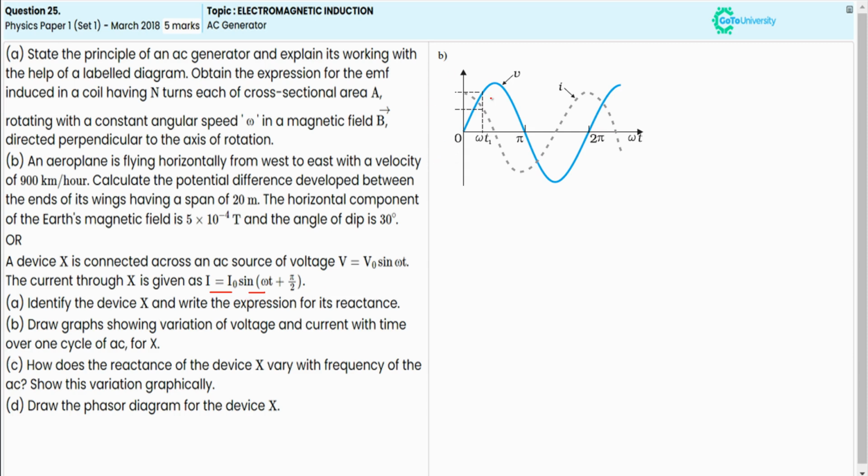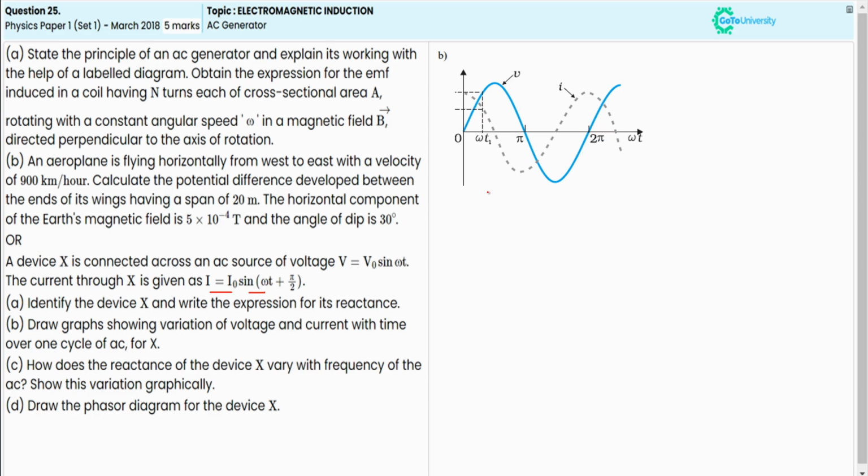If you observe this graph carefully, it is given that V = V0 sin ωt. If time t = 0, then V = V0 sin(ω·0), so the whole expression V becomes 0.